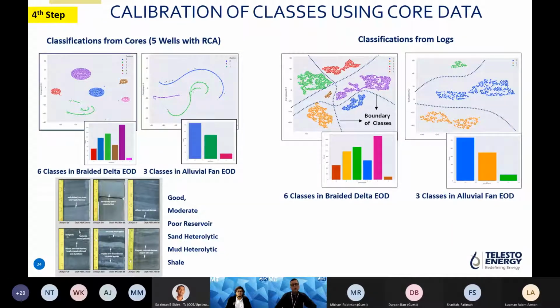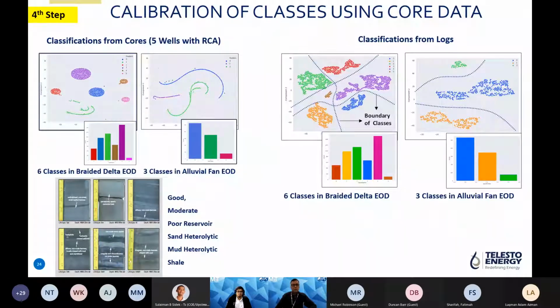So now comes the calibration part. What we have done is this clustering and classification was done from the logs. So we have used the cores, and from the cores we plotted the poroperm data, and that data we clustered again.